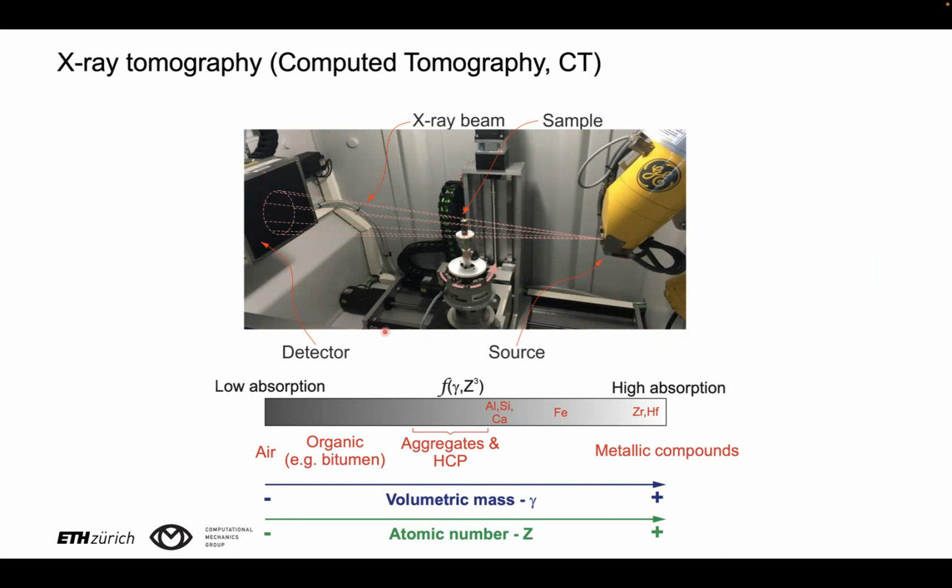And since the absorption is related to the volumetric mass of the material, or equivalently to the atomic number of the material, different spots in the specimen having different atomic number or volumetric mass will absorb different quantities of X-rays, and so they will give rise to different grayscales in the image that we obtain.